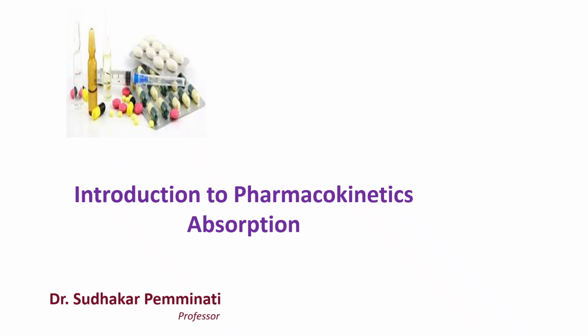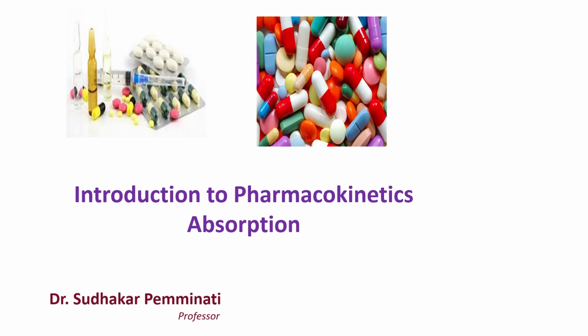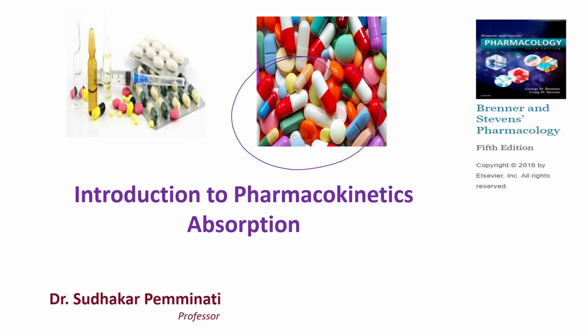So you can see a lot of dosage forms like ampoules and capsules. Let me take the pen here. Let's take purple color, and also very attractive colors of capsules and pills. And the textbook: this is a lighter version of Katzung, Brenner's and Stevens Pharmacology.